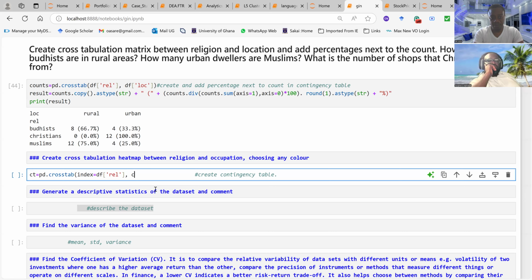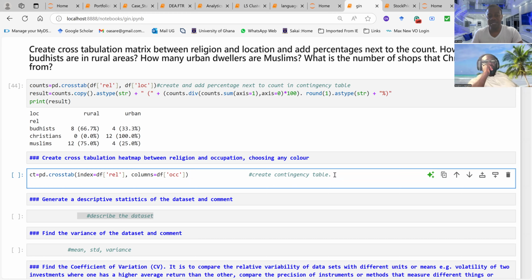So columns equals df, OCC for occupation. I need to close the bracket. Yeah. Okay, so that's the first part.